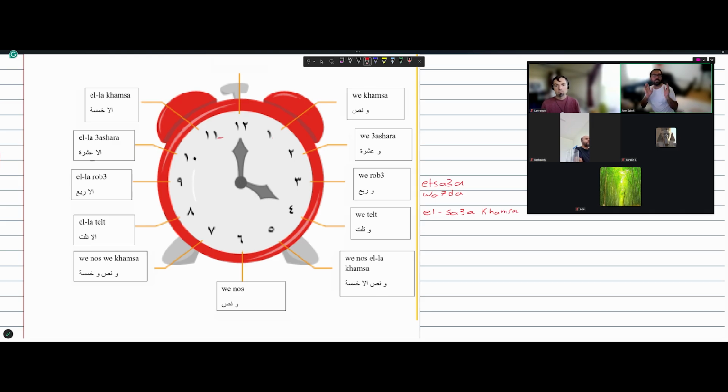So you just say الساعة and then the number, and that's it. That's how you say 1 o'clock, 2 o'clock, 5 o'clock. It's the same principle, just switch it.